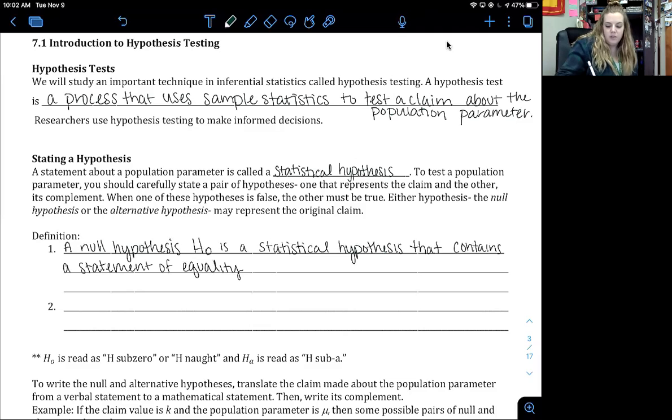Okay, so this would be such as less than or equal to, greater than or equal to, or equal.